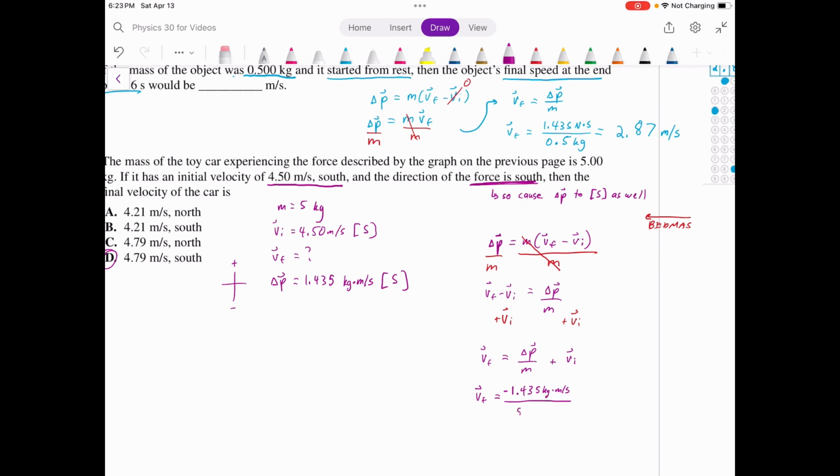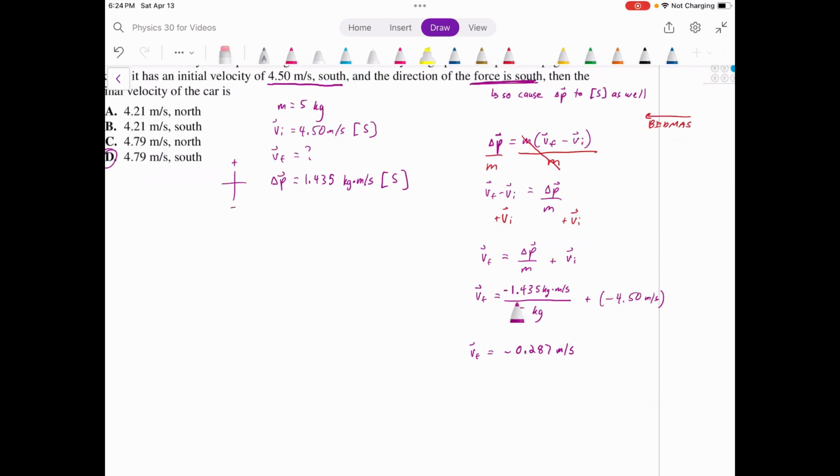Mass can't have a sign, so 5 kilograms. Plus our initial velocity, but our initial velocity is 4.5 meters per second to the south, so I'm going to make it negative 4.50 meters per second. So dividing these, I got negative 0.287 meters per second, okay?